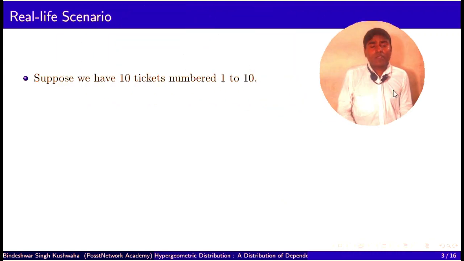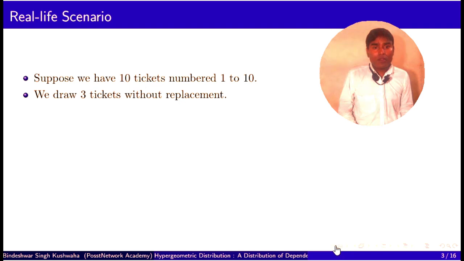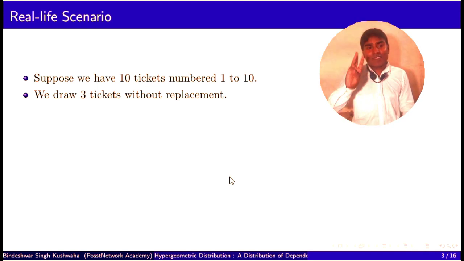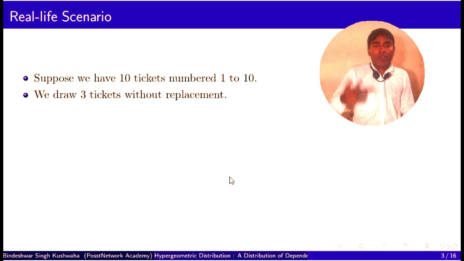Let us take an example. Suppose we have 10 tickets numbered from 1 to 10 and we draw 3 tickets without replacement. What does it mean? We have 10 tickets and we are taking 3 tickets, but we are not replacing them back in the pool of 7 tickets.